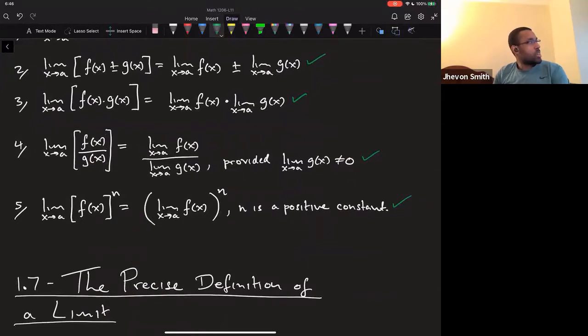So I left this one at the end. I wanted to have a very intuitive idea of what a limit is, know how to calculate one, so that now when we get to the theoretical stuff, it's not going to be so bad.